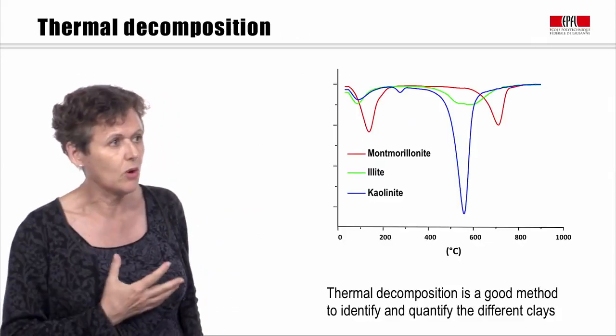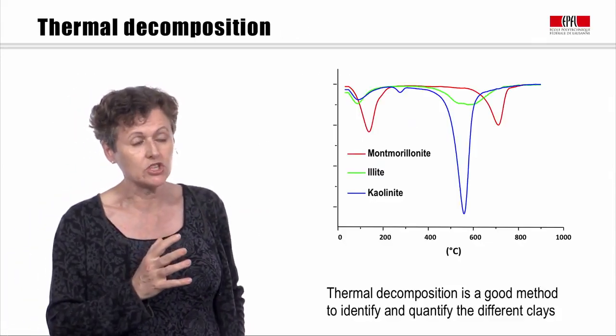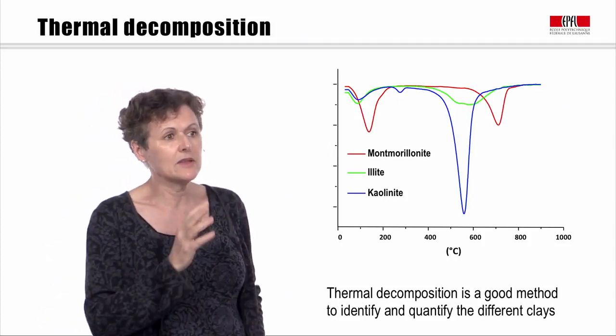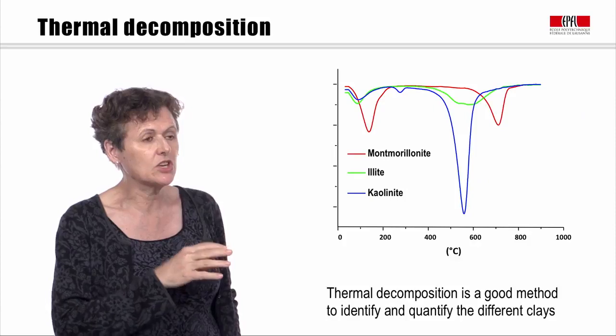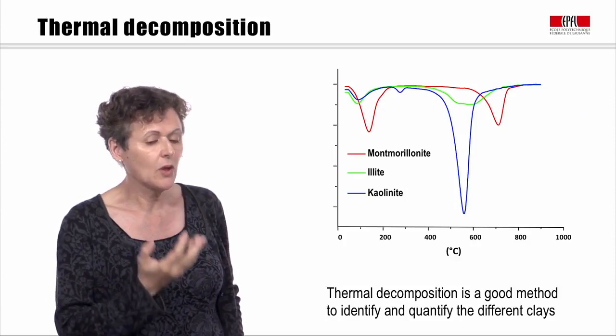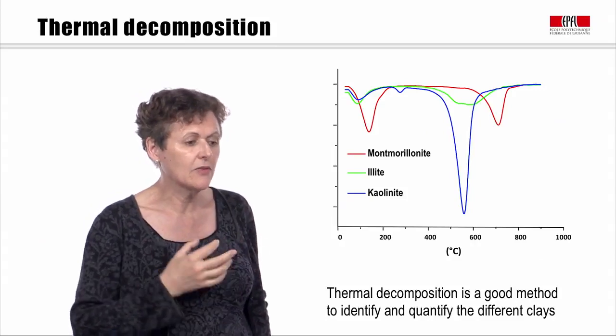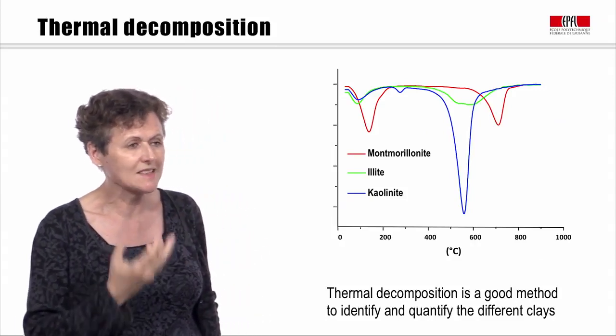In this slide here, what we see is the thermal decomposition of the different clay types. And we can see that these have a thermal decomposition in different ranges. What these peaks represent is the amount of heat that is absorbed by the material as it's heated up.